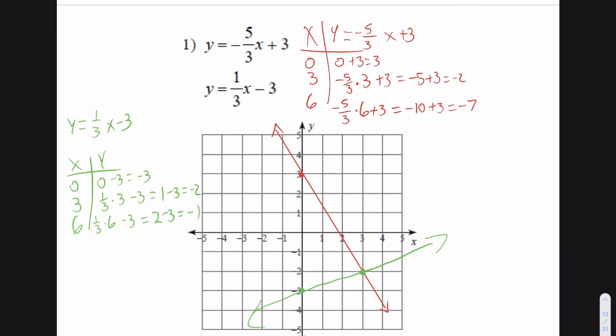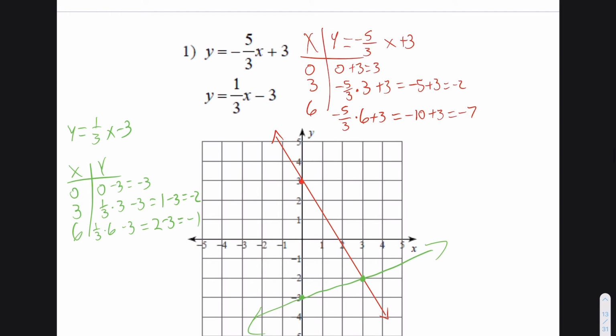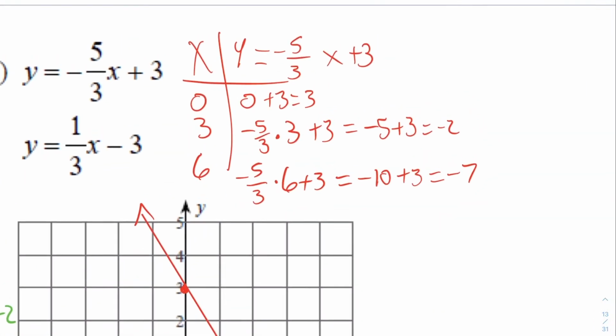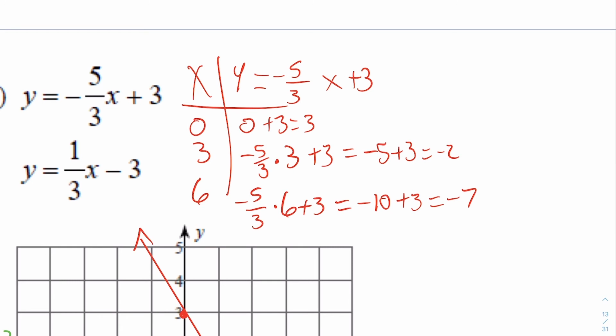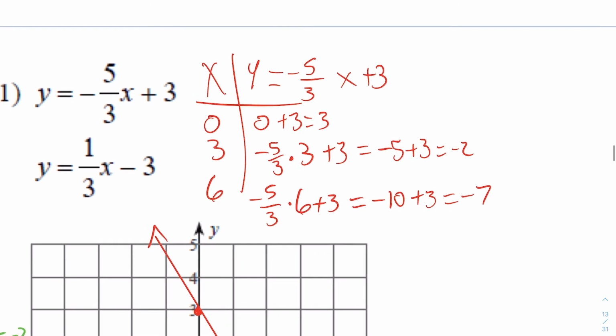All right, let's take a look at this. Since this question had fractions in the problem, it was 5/3 and 1/3. When I made my table, instead of picking 0, 1, and 2, the easiest numbers to pick are numbers that are multiples of that denominator.